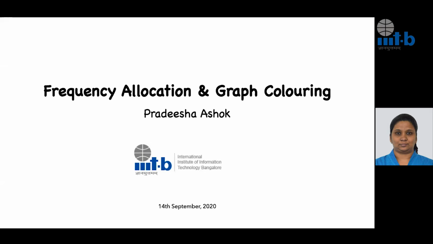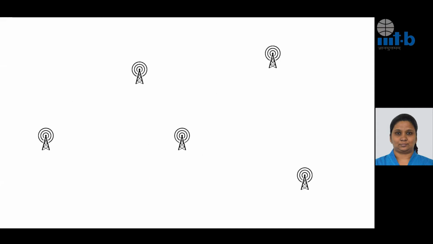Let's start with the frequency allocation problem that motivated the study of this question. Suppose we are in a network which consists of two types of nodes. Let's call them base stations and clients. We have base stations which transmit at a particular frequency, and we have clients.